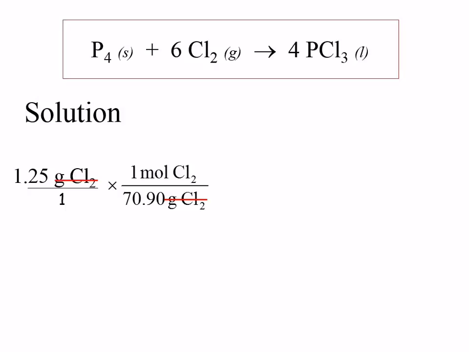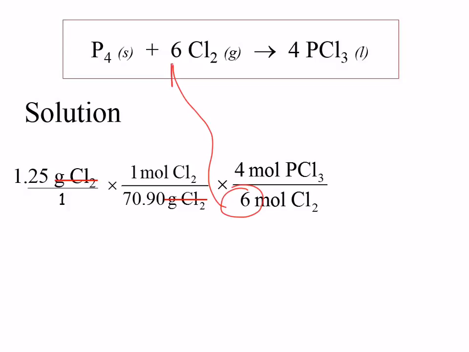Not 4. 4 over 6. 4 over 6. Yep, and units to go with that. It's 4 moles of PCl3 over 6 moles of Cl2. Exactly. So this 6 came from the coefficient in front of the Cl2. This 4 with the moles of PCl3 came from the coefficient of the PCl3.